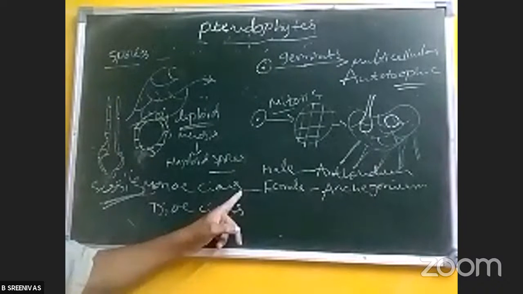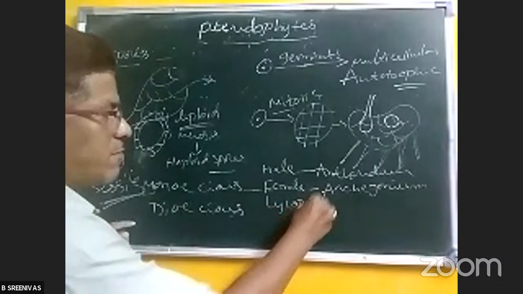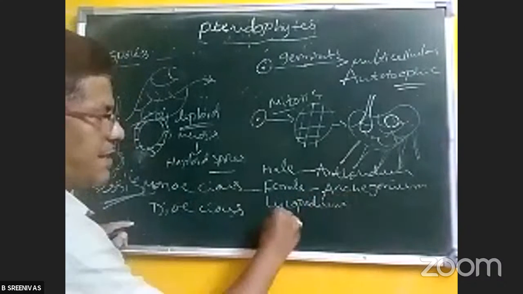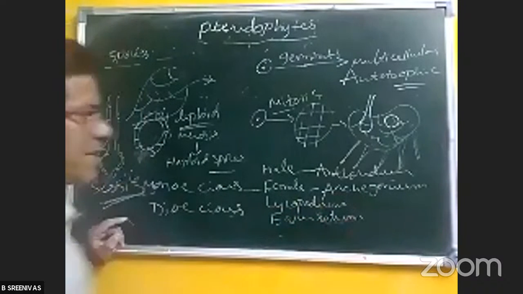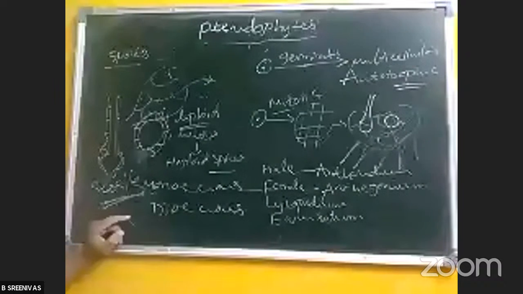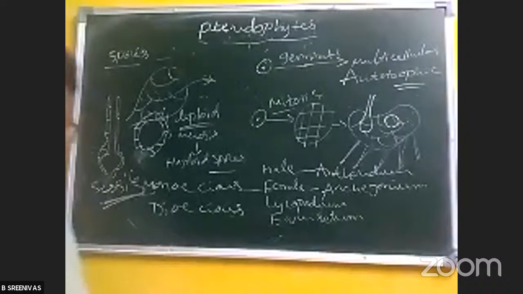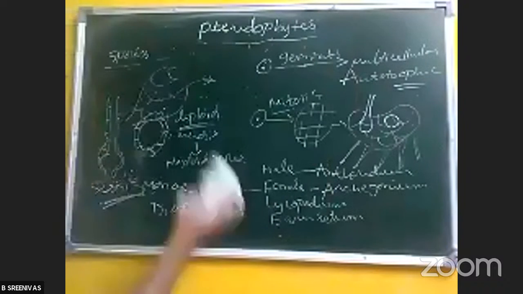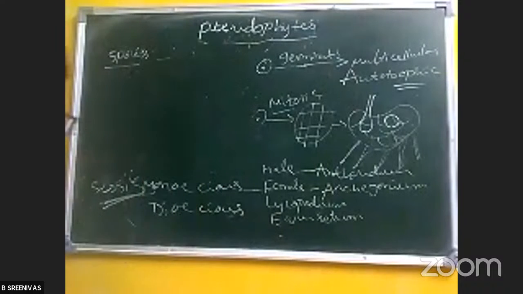What is the example for monoecious? Lycopodium and Equisetum. Best examples for the monoecious condition. And the dioecious condition means the sex organs are present on two different gametophytes.